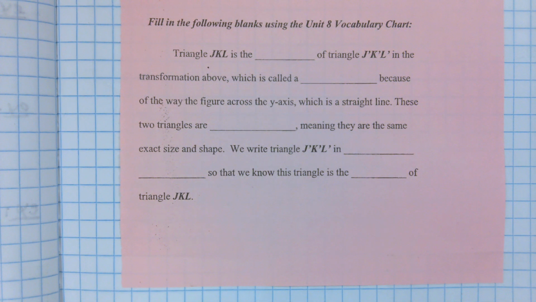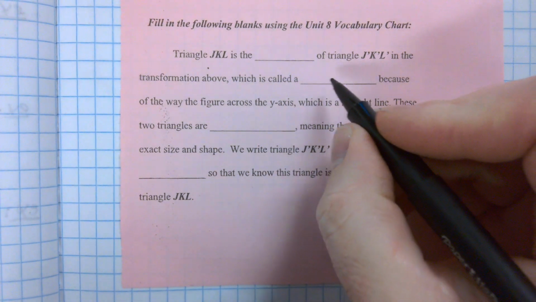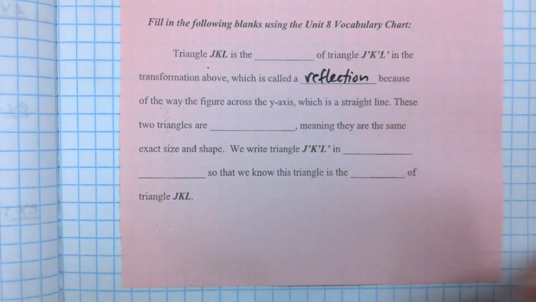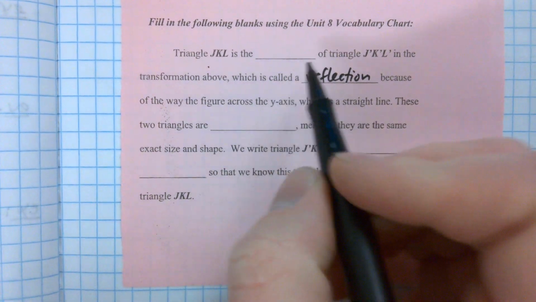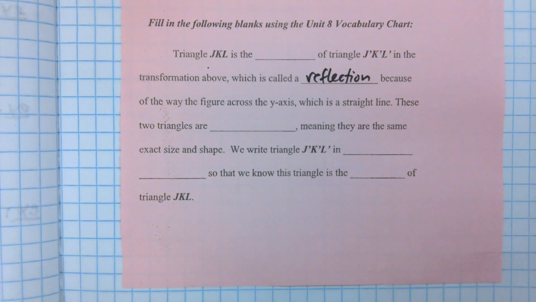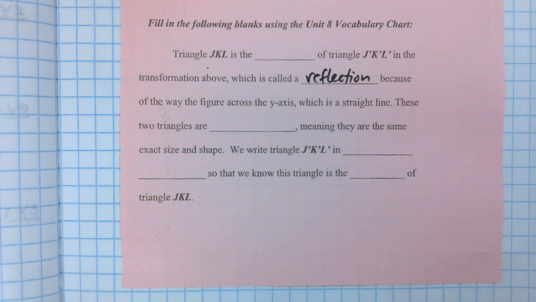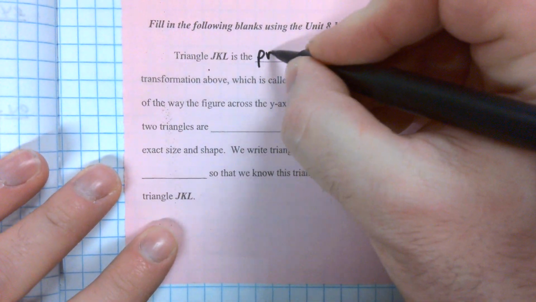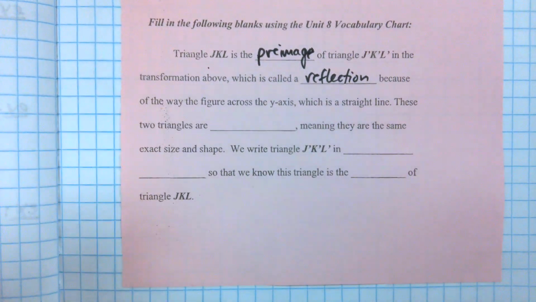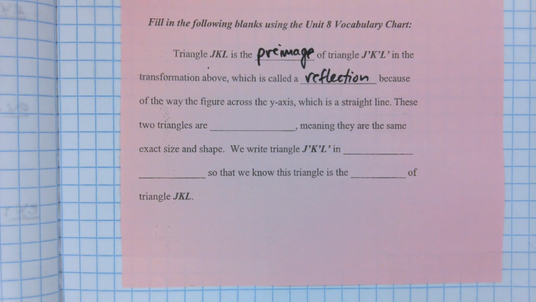Osase. Reflection. Very close. That's going to be our second one. But triangle JKL is the blank of triangle J prime, K prime, L prime. Ida, what do you think? Pre-image. There we go. JKL is the pre-image of J prime, K prime, L prime.